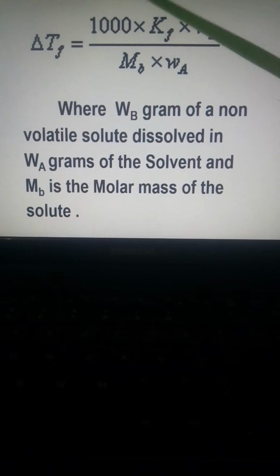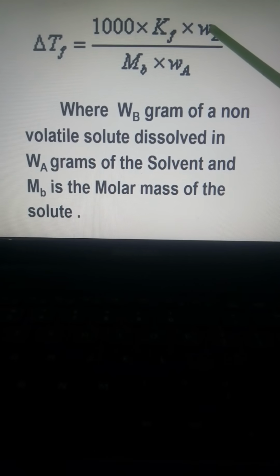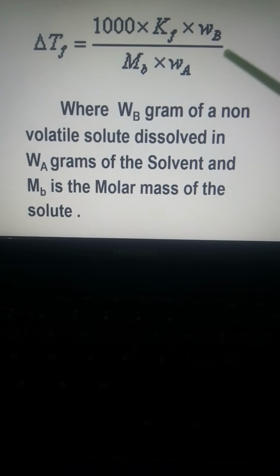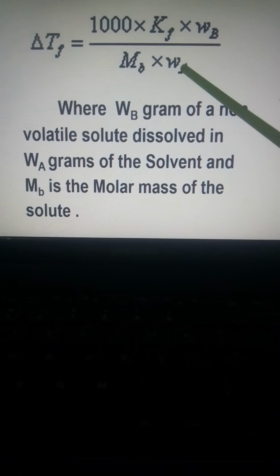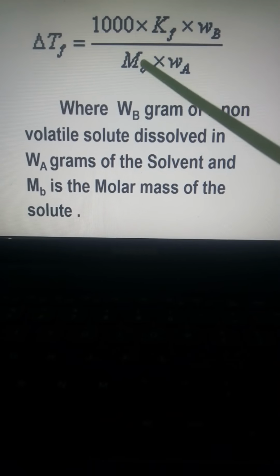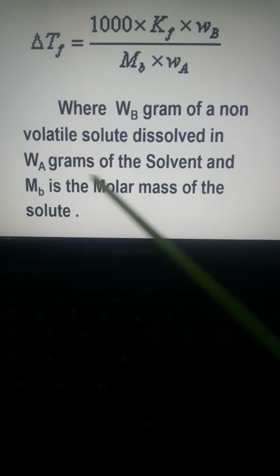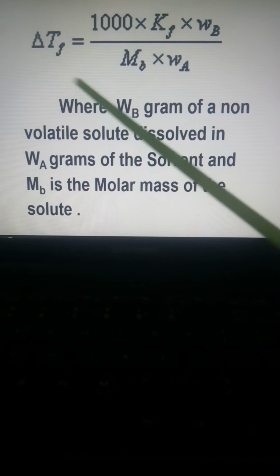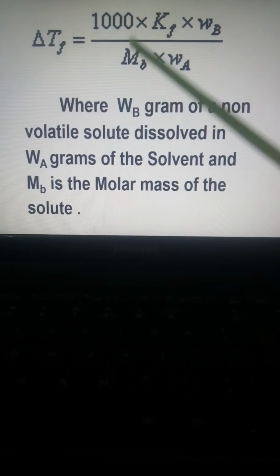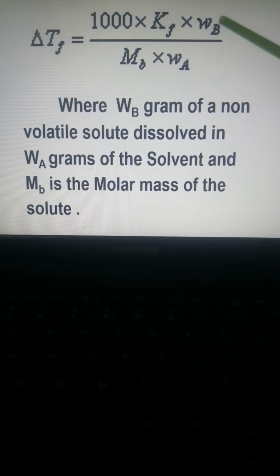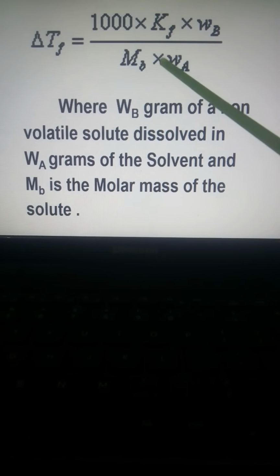So m is replaced by WB by WA into 1000 by MB, where MB is the molar mass of the solute. Ultimately we get delta Tf equals 1000 Kf WB divided by MB into WA.